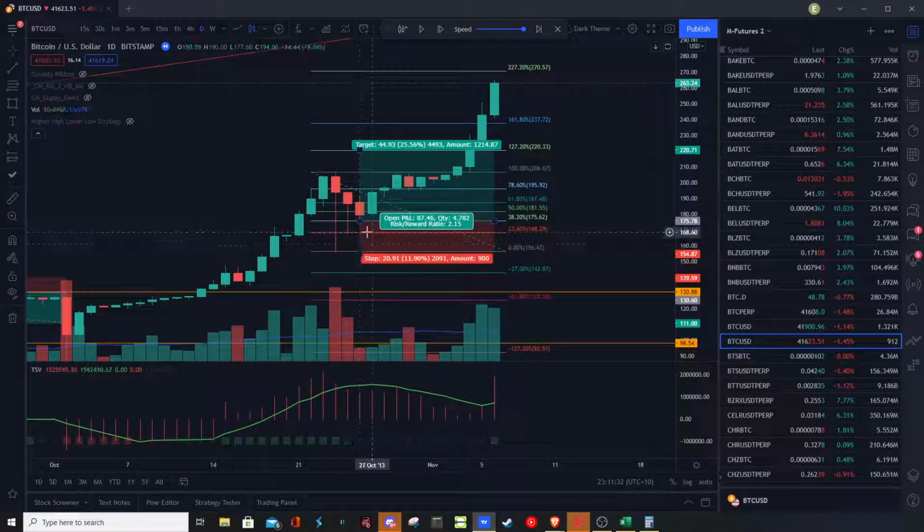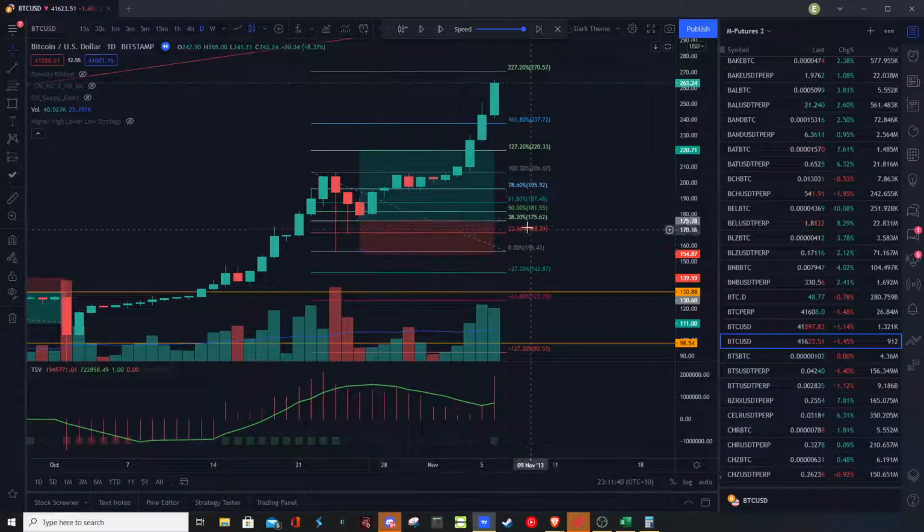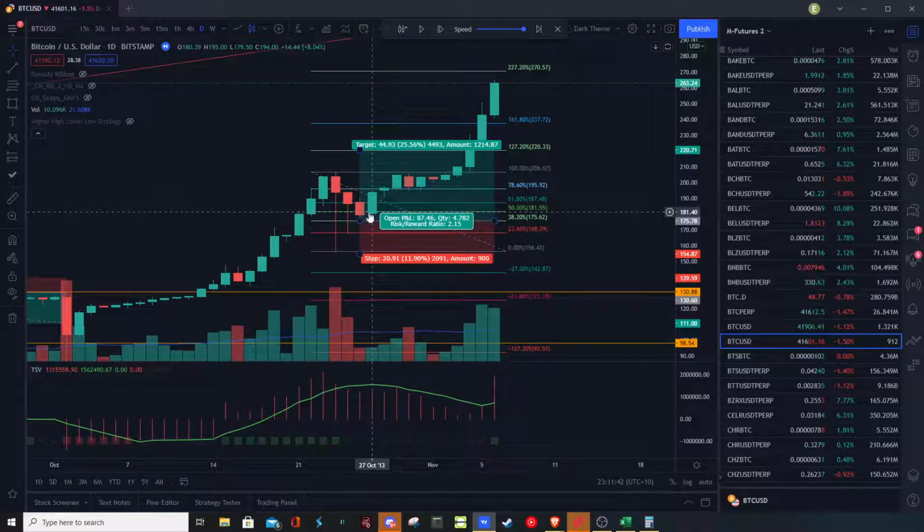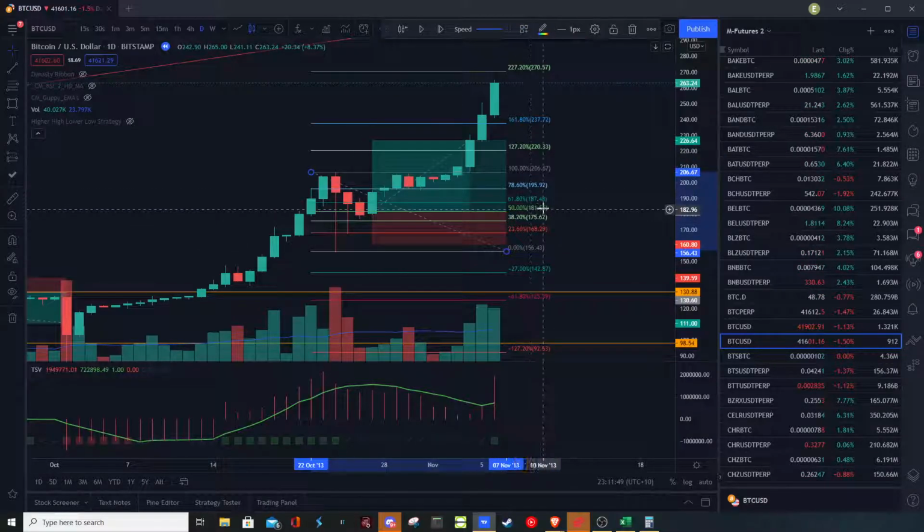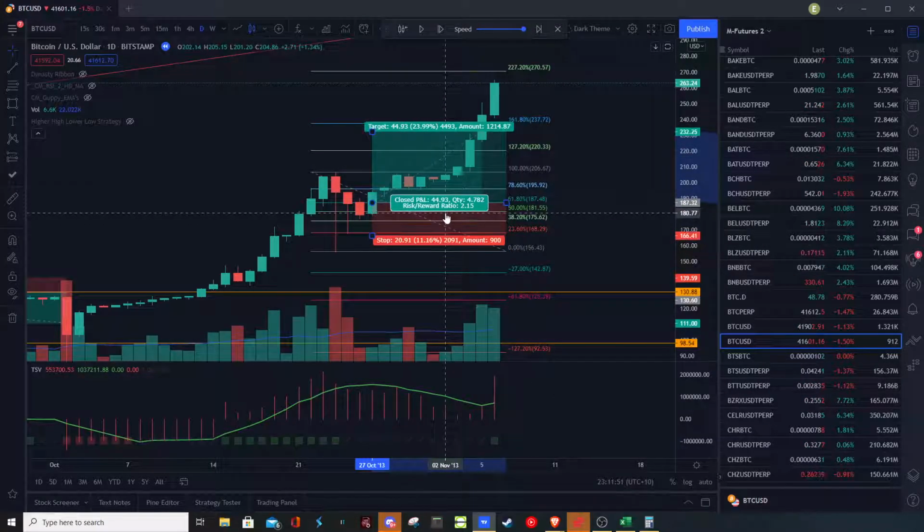Like I said, there's 24 hours of time. There's plenty of things that we could have done here. We could have assessed it on this candle open. So it opens here, say it's just hovering here. Maybe you enter at 38.2, or maybe you enter the 50 or the 61.8.